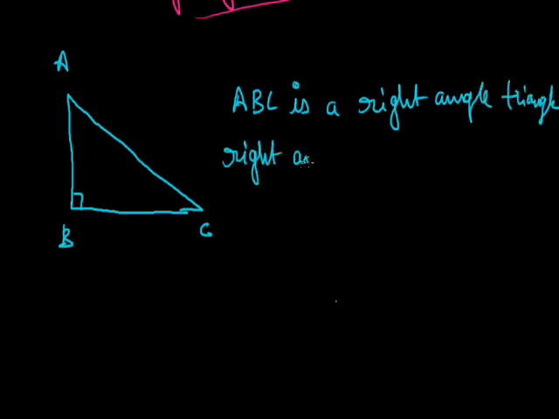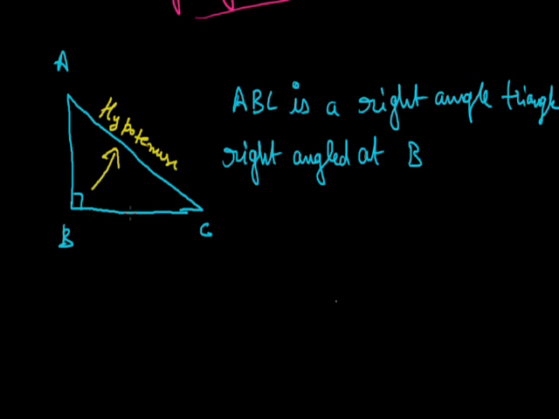right angled at B, then the side opposite to 90 degree is known as hypotenuse, and the other two sides are known as the legs of the right angle triangle, and any one of them can be perpendicular and base.